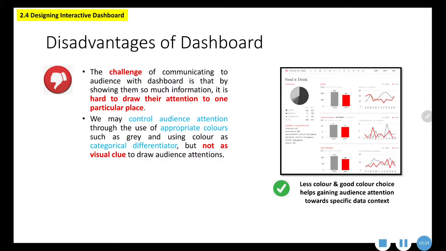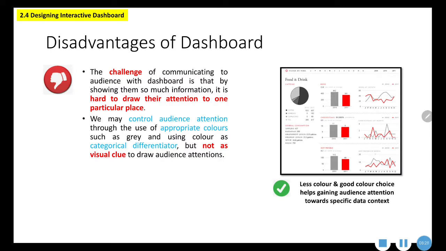You may control your audience's attention through the use of appropriate colors, such as gray, and using color as a categorical differentiator but not as a visual cue to draw audience attention. So this is a good example. For example, you use less color, and it helps, and also a good color choice.